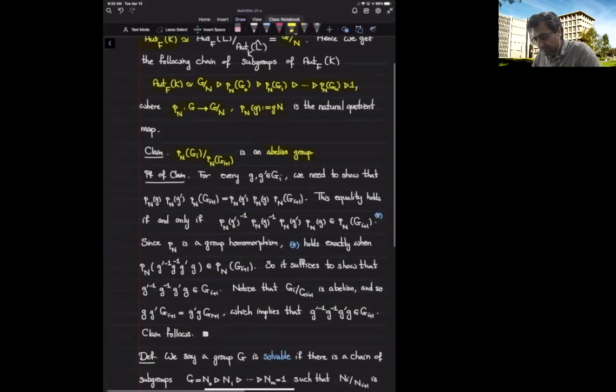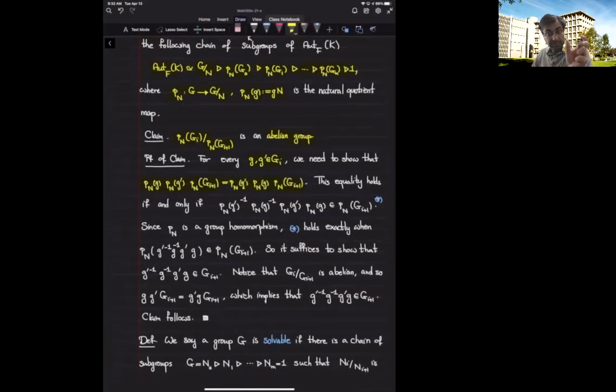What does that mean? It means that when I pick two elements inside this quotient and multiply them, I can change the order of multiplication and still get the same element. So that means when I multiply the inverse of one of the coset representatives by the other one, I end up getting an element inside the subgroup.